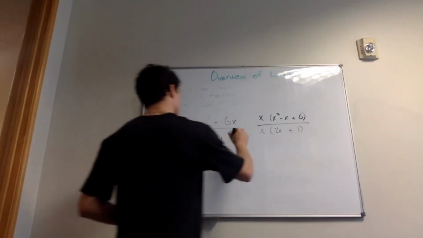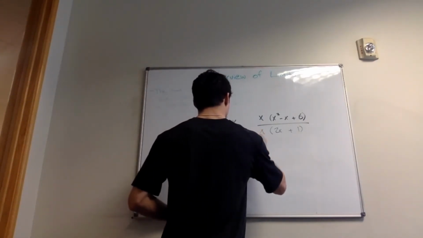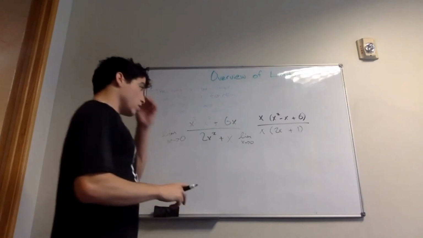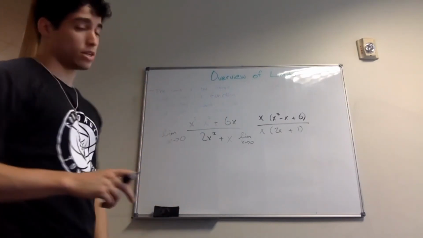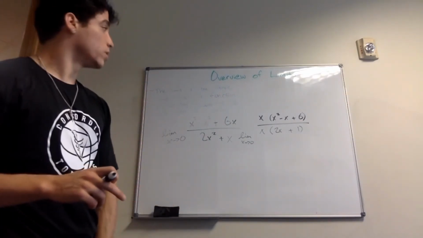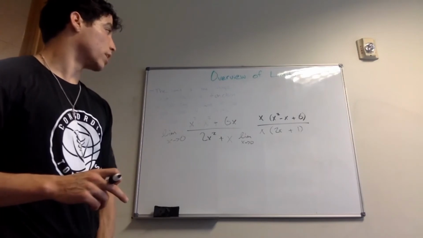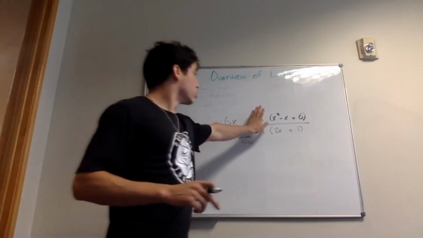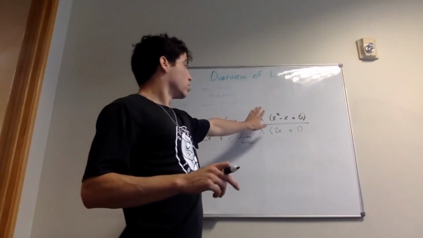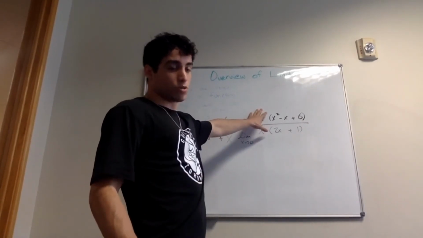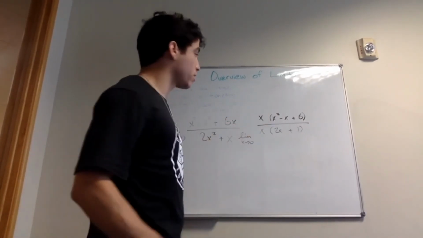Okay. So now that the x's are out, we don't need to worry about them. And we'll look at just this right here. So there's not much else we can do. So at this point, we're going to plug 0 in.